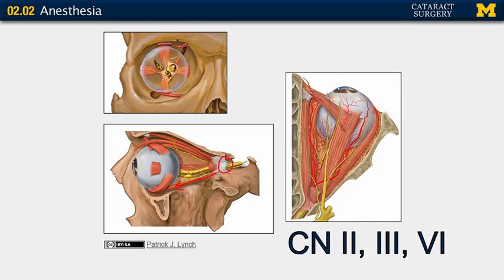It is bounded by the four extraocular muscles and the fascia that connects them. The extraconal space is the space inside the orbit but outside the muscle cone. As you can see, blood vessels and nerves course through the muscle cone. In particular, cranial nerves 2, 3, and 6 course through the muscle cone.